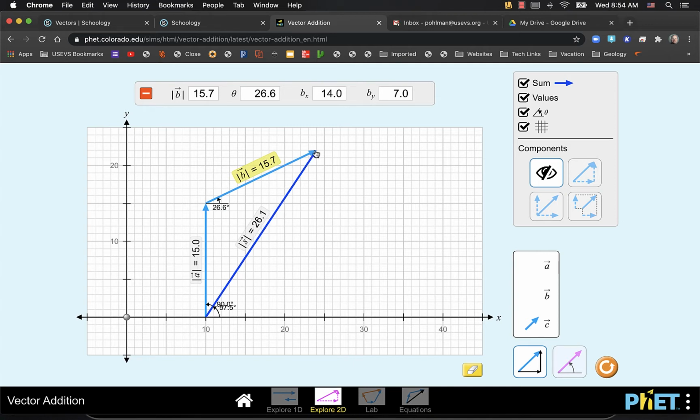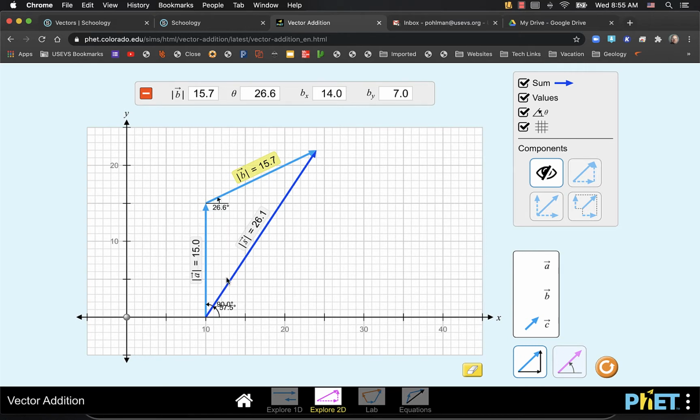Well, part of that up movement was from this portion right here. And what about the rest of it? We only got up to this height. What about this height right here? Where did that height come from? It came from this vector's y value.